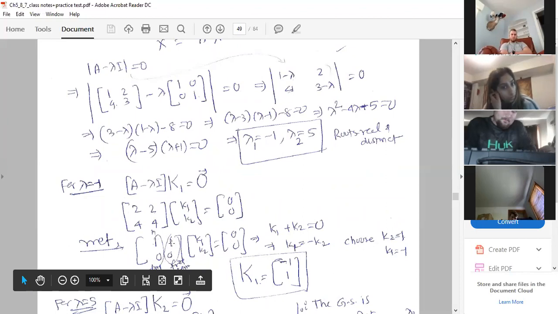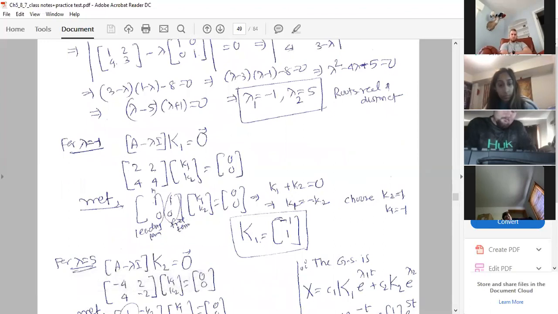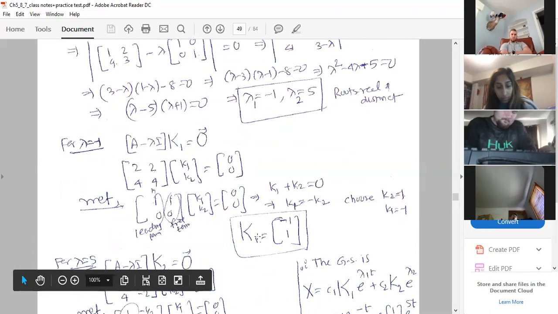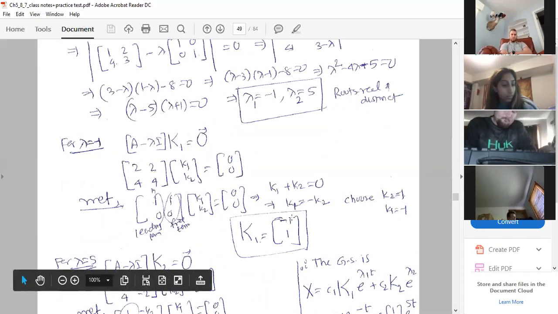First one has a leading element, second one is free. So let me send K2 to the right side. Choose your value of K2, you can choose -1, 1, whatever you want. So I'm getting my capital K1, the first eigenvector corresponding to eigenvalue lambda 1 equal to -1, in the form of -1 and 1.